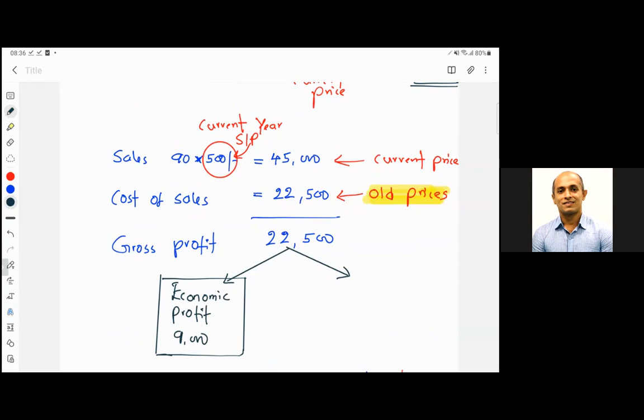Last year's price was 250, current year price 400. Now you see the price difference.